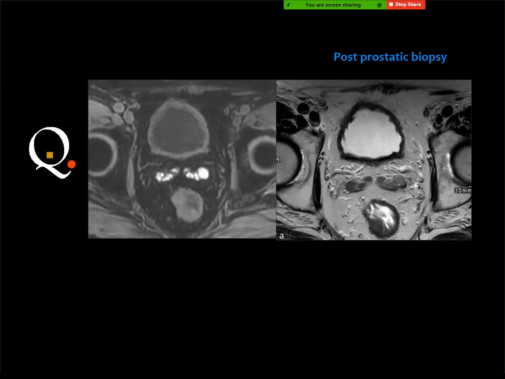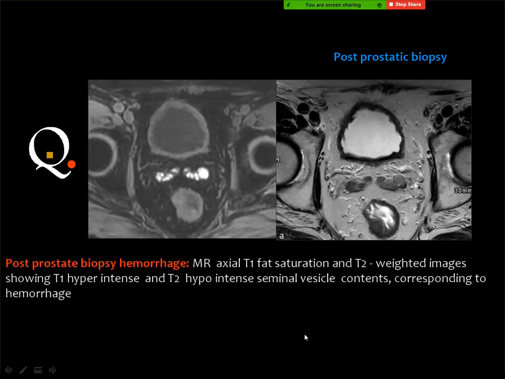Inflammation of the seminal vesicles? No. The bilateral seminal vesicles are bright in T1, meaning they contain hemorrhage, blood. This is post-biopsy hemorrhage in the seminal vesicles. The hemorrhage can be of dark signal in the T2 weighted image, meaning it is in the subacute phase.